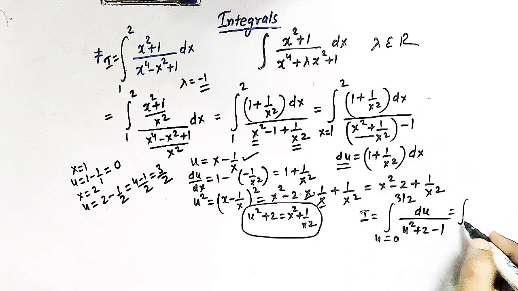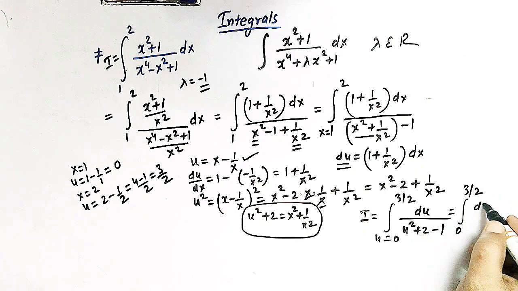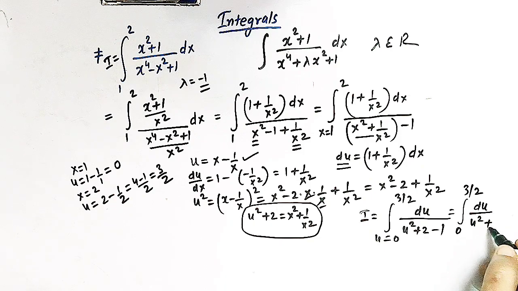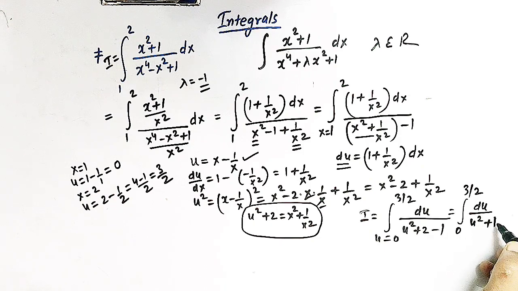So we can now write 0 to 3 by 2, and here we have du over u square plus 1. 2 minus 1 is 1. Now here 1 can also be written as 1 square.